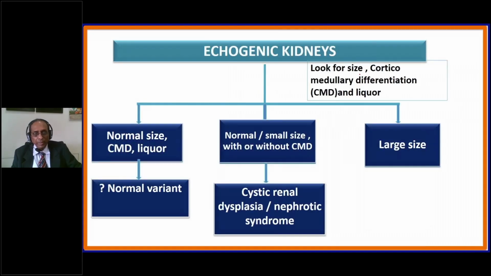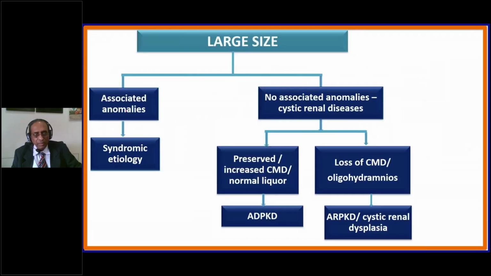So just to sum up, echogenic kidneys could be normal sized, with normal corticomedullary differentiation and liquor, which could be a normal variant. If it's normal or small size with or without corticomedullary differentiation, it could be cystic renal dysplasia or nephrotic syndrome. Or the kidney could be large size, where if it has associated abnormalities, then we think of syndromic etiology.